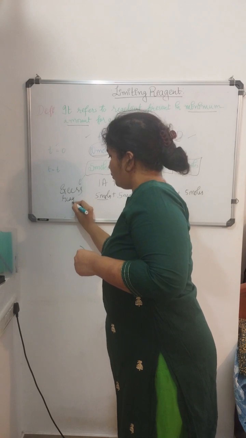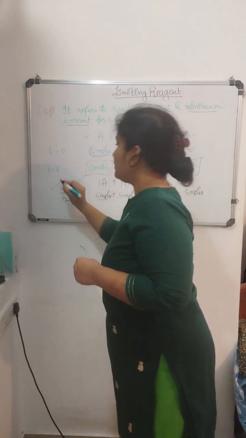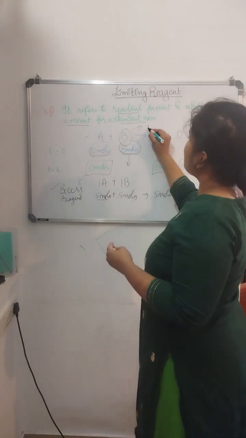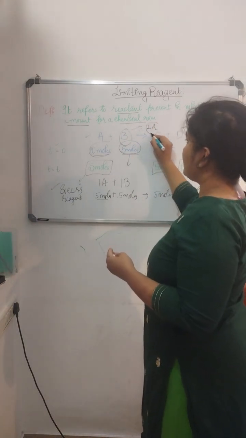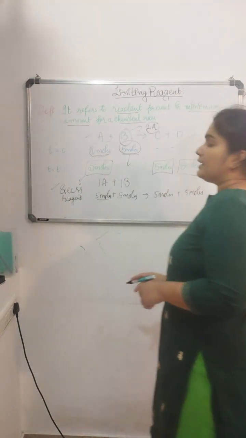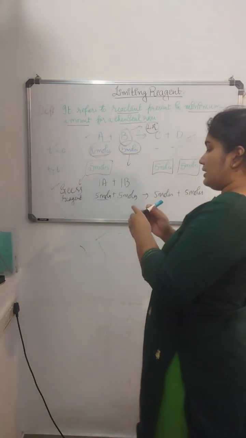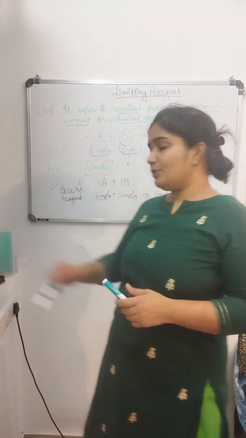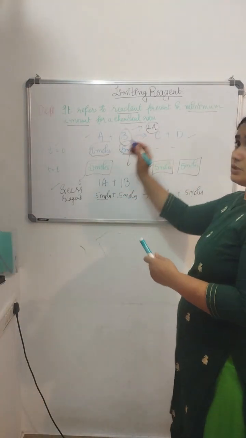So we have got 2 words here. In this particular reaction, one is called LR, that is limiting reagent. The second reactant is called the excess reactant or excess reagent. Now, while solving questions related to LR, what is LR going to decide?